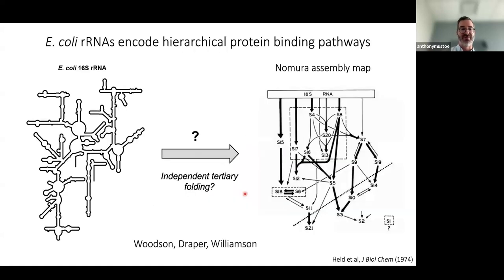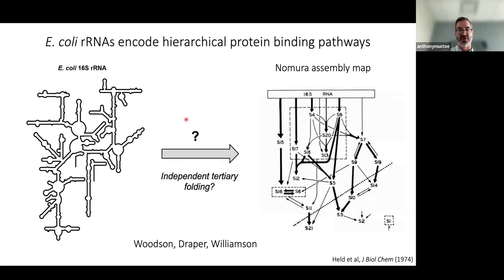So the problem that we chose to focus on as a nice model system was looking at the E. coli ribosomal RNAs under what we call cell-free conditions, trying to understand what these molecules look like in the absence of proteins.